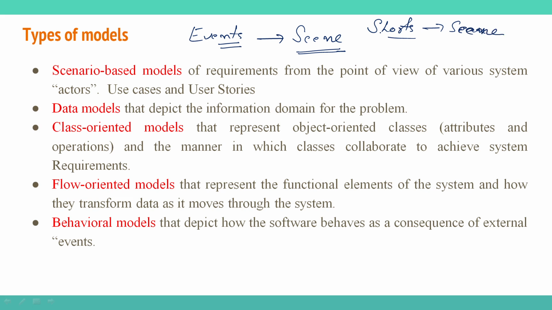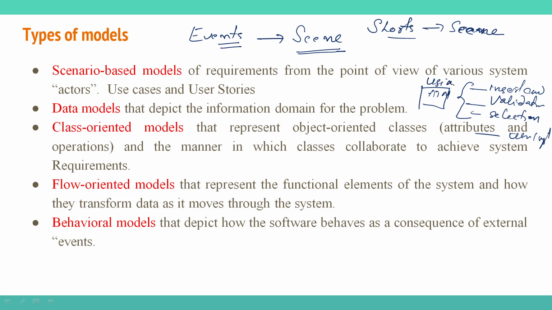For example, when you are using an ATM, you have different events. One, insert the card. Second, validation of the card. Then selection of operation, and based on that, user input. Likewise, you have n events attached. These events constitute the total process of using an ATM. So using an ATM is the scenario consisting of a set of events.